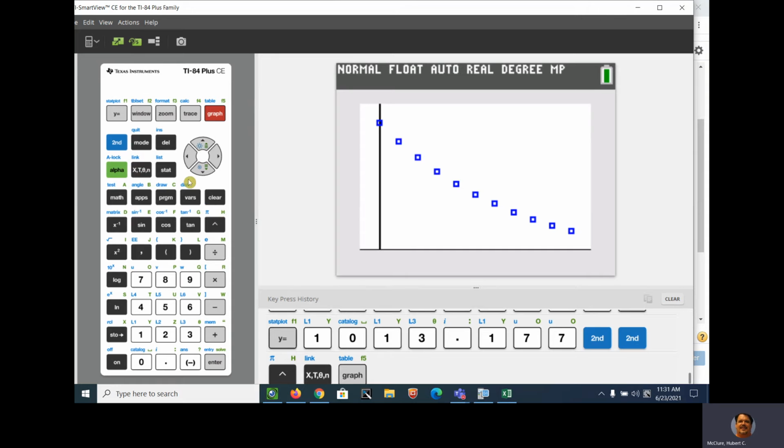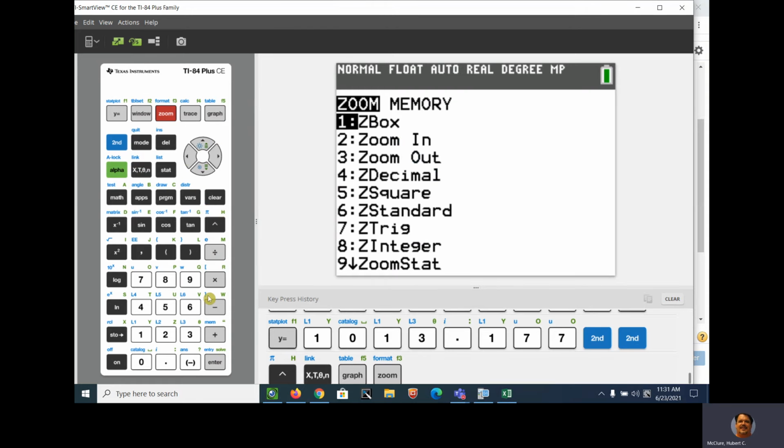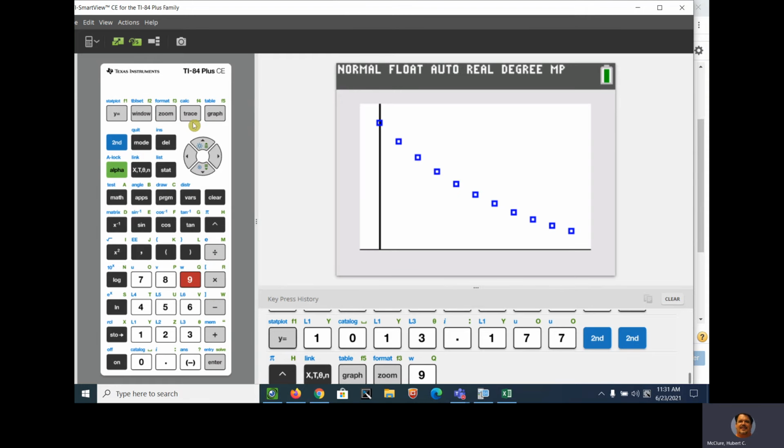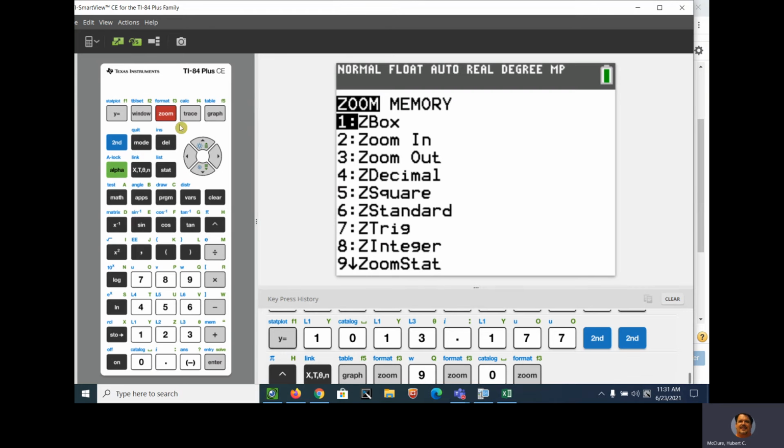And for some reason, it's just not graphing. I don't know why. Zoom, standard, or stat. Zoom, 0. Yeah, I'm not getting it to graph for some reason. Zoom, O, or let's see, standard is 6.